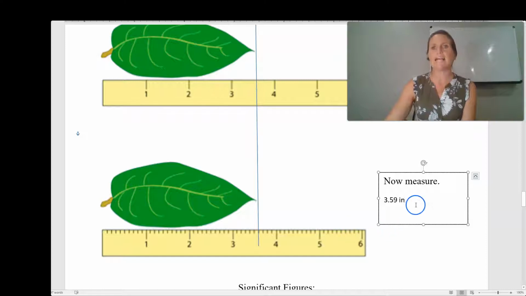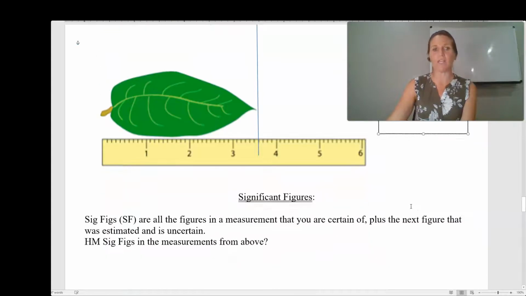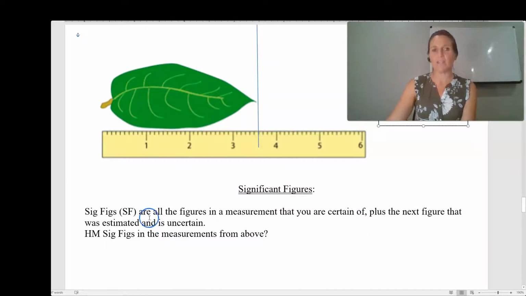This is how we determine significant figures. We consider how many values did we know and which ones did we guess about. So significant figures are all of the figures in a measurement that you are certain of, plus the last figure that was an estimate and is uncertain.